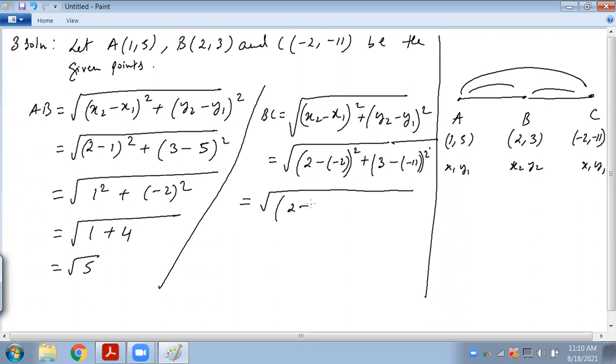So remove the bracket, minus into minus is plus, 2 plus 2 square plus 3 plus 11 square. 4 square plus 11 plus 3 is 14 square.